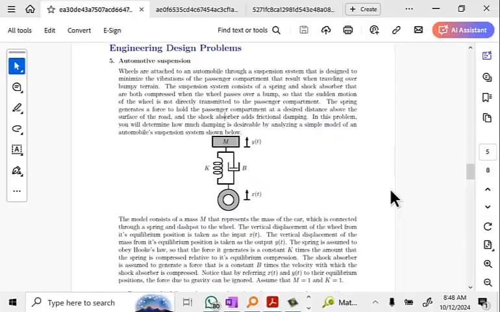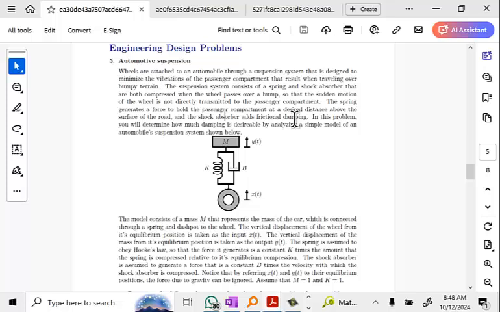Now, this next one relates to physics, and this is not a physics class, so let me set up the equation for you, and then you can take it from there. So this is a very nice problem. It has to do with what happens in your car, shock absorption.